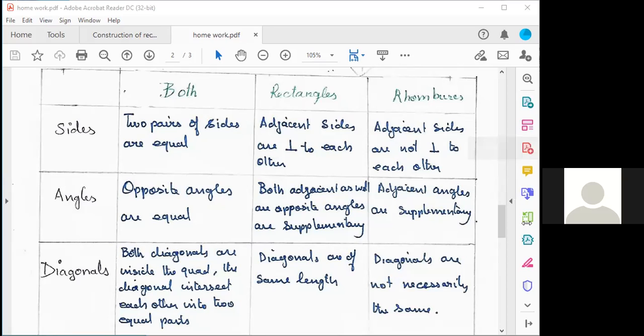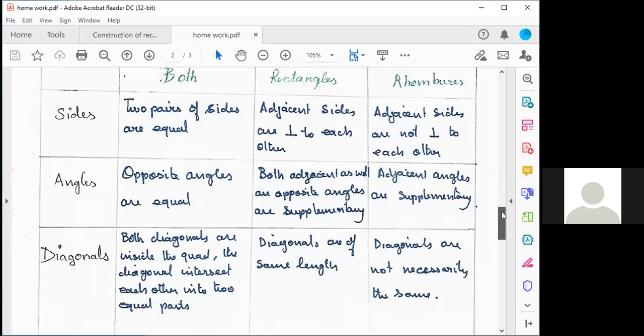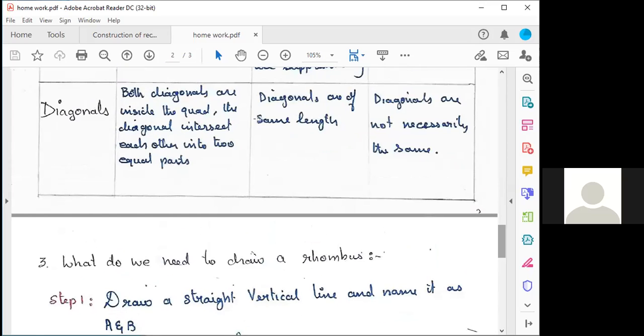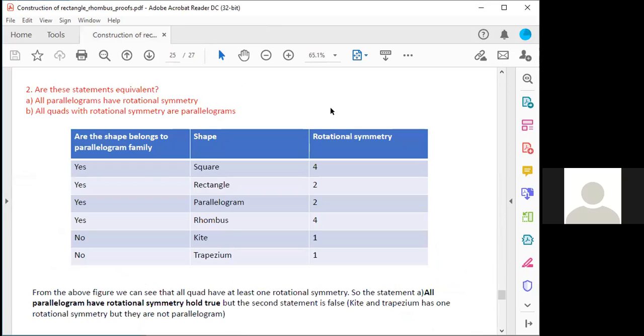Now, what I would like you to do is, now that we have discussed these things, it will be a good idea for each of you to consolidate and update your homework, whatever you have done.